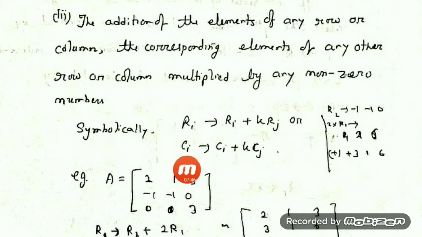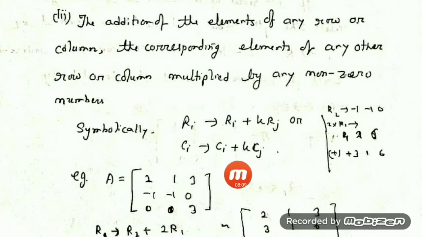Ci takes the position of Ci plus kcj. If I write Ci here, here also it is Ci. That means if I select column 1, here also it will be column 1. Then multiply column 2 or column 3 by a non-zero number, that is by k, and then you add the corresponding element with c1.